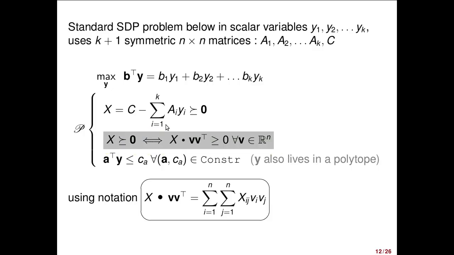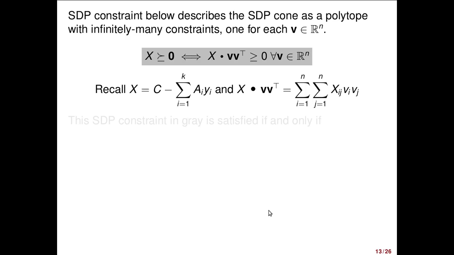I write it in a linear form if you want, because I want this to be non-negative for any vector v in my space. What is this big dot operator is well known in SDP programming, it is this sum. You notice it is a weighted sum over all elements of X, weighted by a fixed value as long as v is fixed.